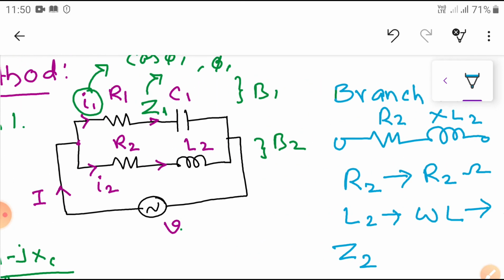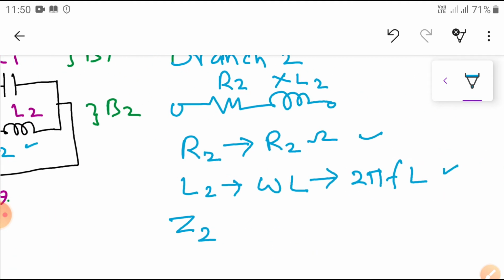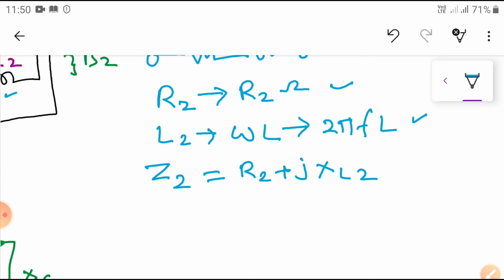Z2 is equal to R2 plus j XL2. Okay. Now R2 we know, what is the magnitude?